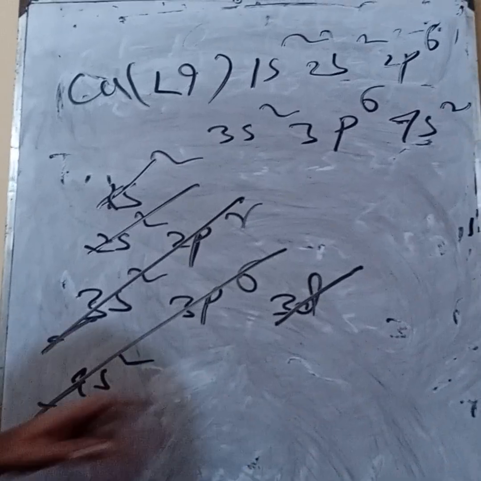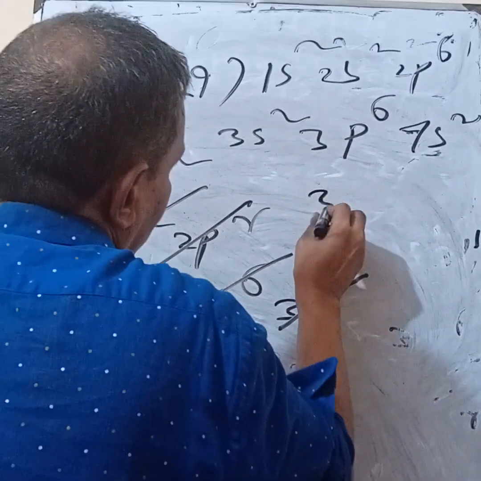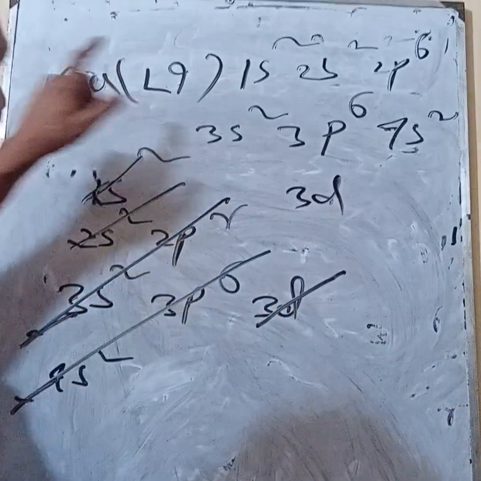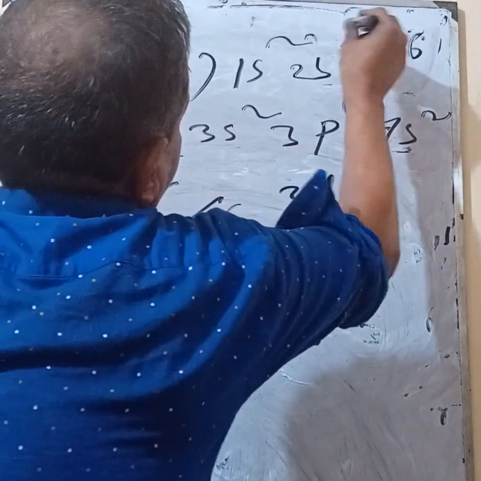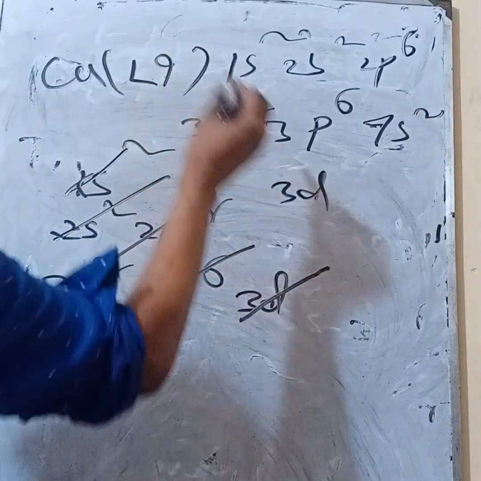Sir, I have to know necessarily 4p, 3d. 3d what? 2, 4, 6, 10, 12, 18, 19, 20, 29.